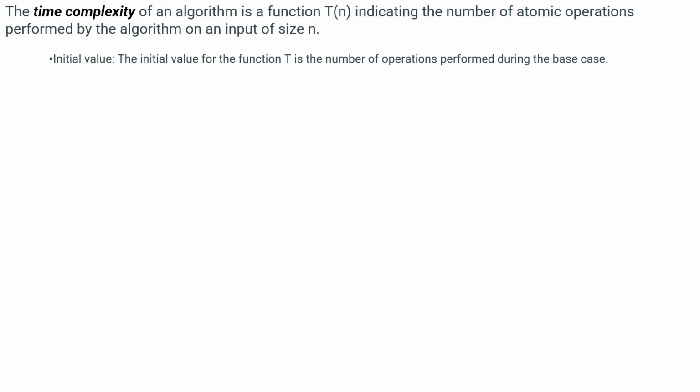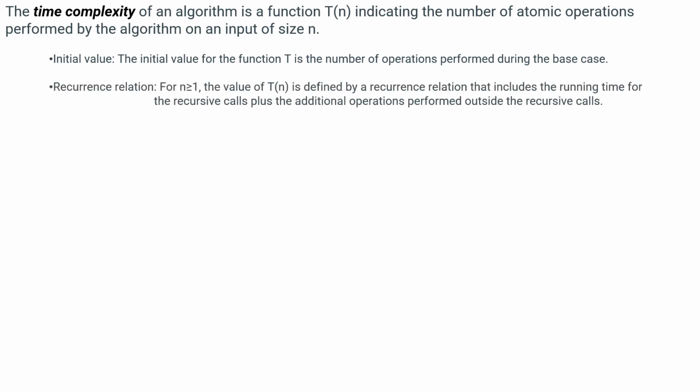Whatever the value of our n is for the base case, count how many operations there are, and that is what we would call this initial value. So we would have an initial value in the function.